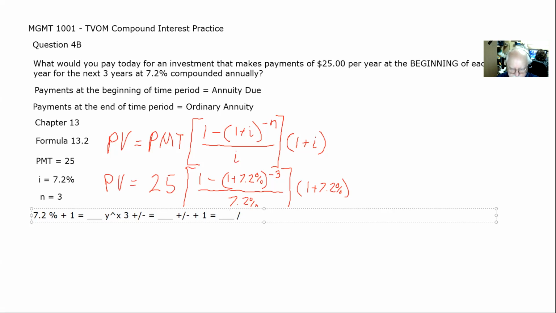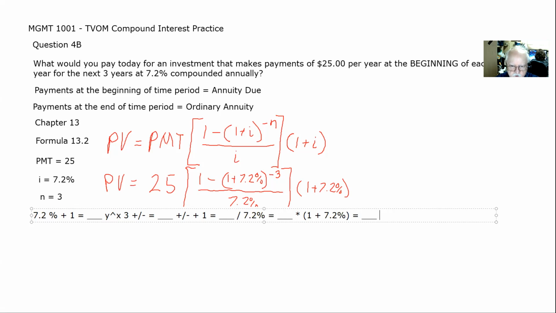All divided by 7.2% equals. Again, you can see what that is, but don't take it out of your calculator because you don't want to round it off. And now times, in brackets, 1 plus 7.2%, end of bracket, equals.